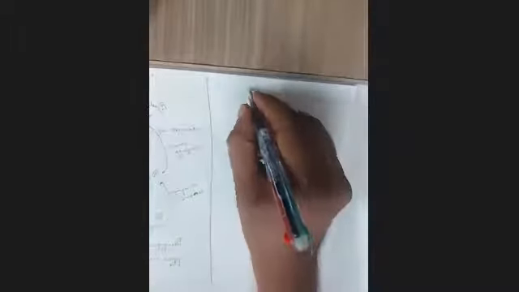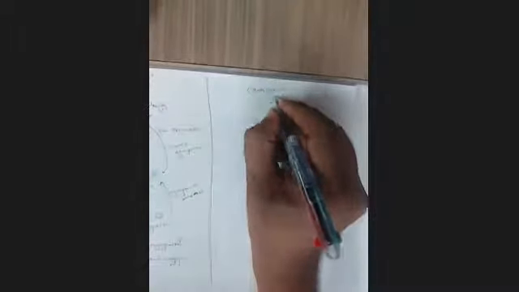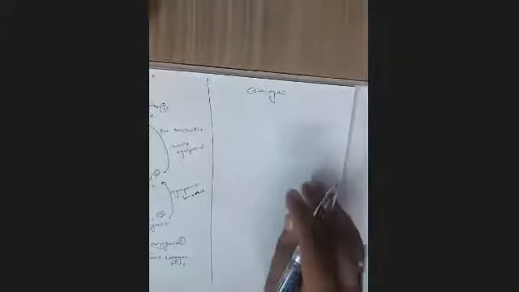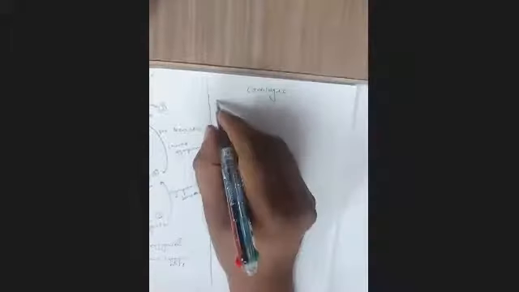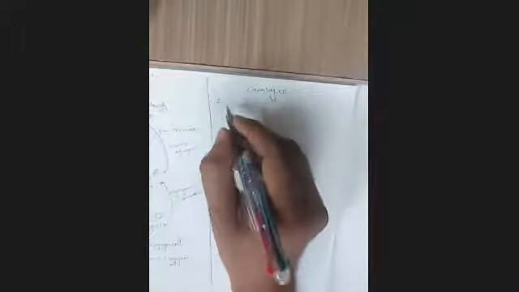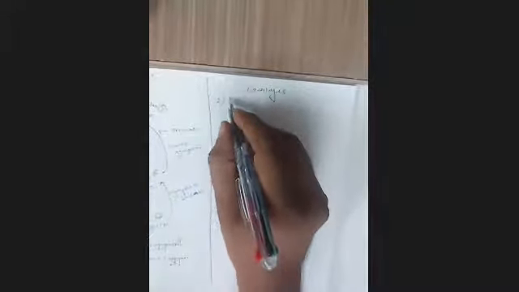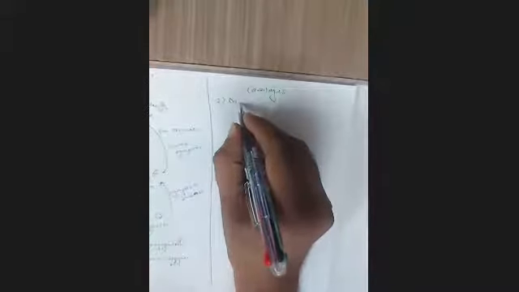Now let us talk about what all structures develop from the cartilages of the various arches. So the first arch cartilage is also called Meckel's cartilage.